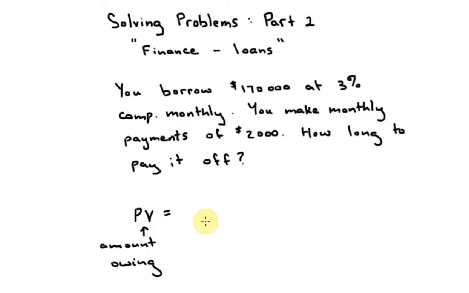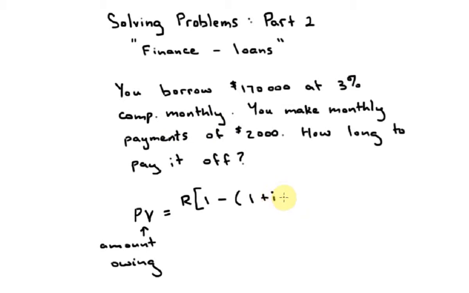And here's what we can plug in. The regular amount that you pay, so your regular payments, times 1 minus, and then in brackets 1 plus the interest rate, which might be tweaked, especially in this example, 3% compounded monthly.